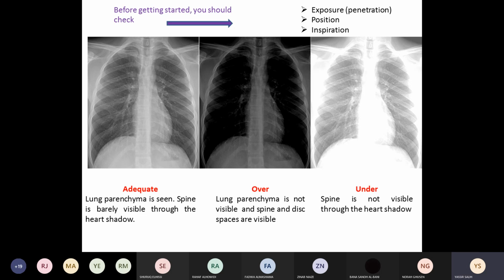The machine has numbers that are adjusted for the amount of radiation, called kV and mA, which determine the quantity of X-ray photons. So we need more or less radiation. The technologist uses the amount of radiation to get a good quality X-ray concerning the factor. When we say factor, we mean the amount of radiation.